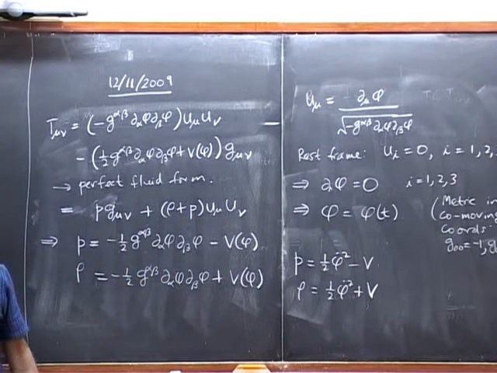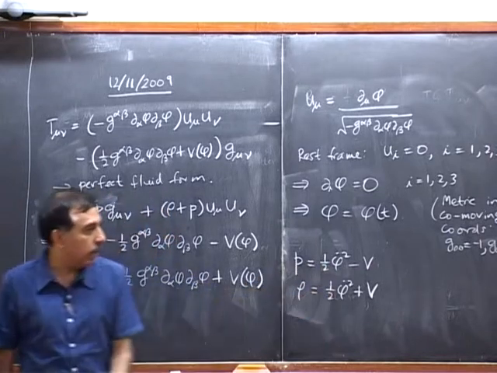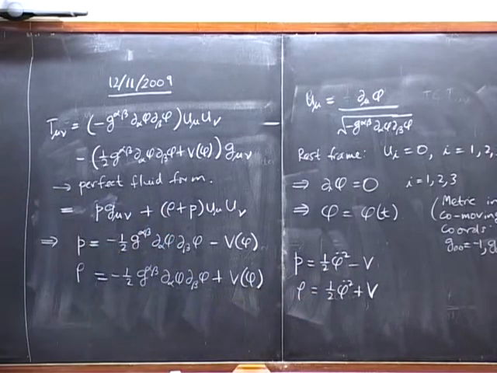Last time it was 2 by root minus g times the variation of S. Exactly. Plus 2. Now it's minus. So if you use my last time definition, you would have found a minus in this, which I think is not very pleasant.